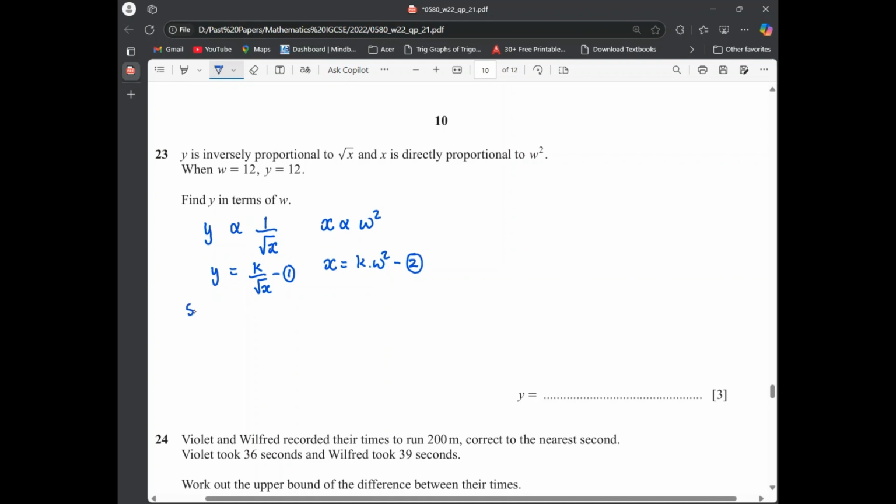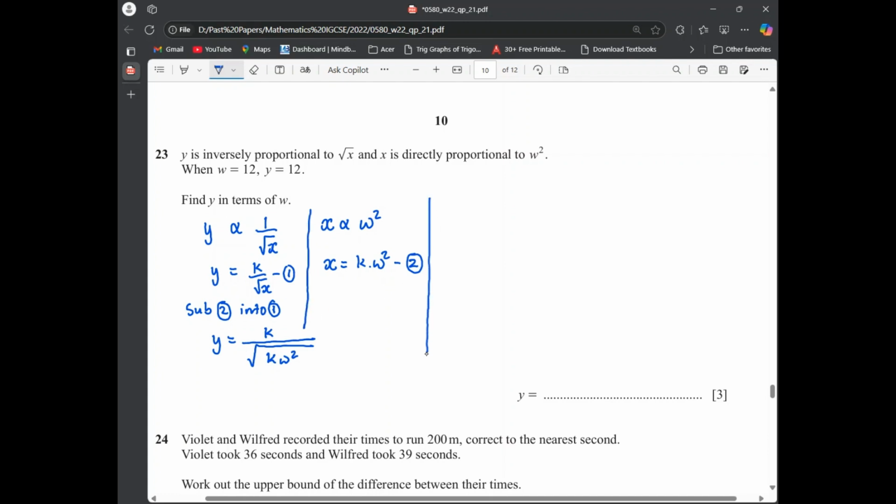Now I'm going to substitute equation 2 into equation 1, which gives me y equals k divided by the square root of x, where x is k w squared. I could always solve this, but I'm not going to complicate it.